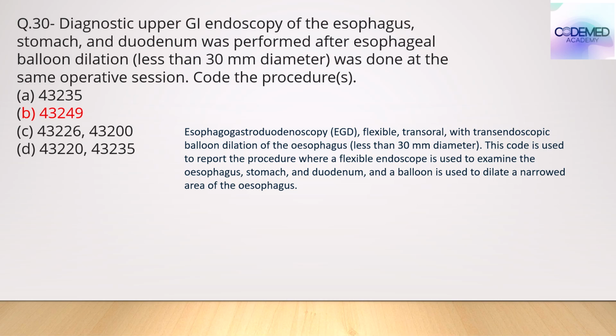This is the case of an EGD, and this is esophagoscopy, what they have done. And here they have reached till the duodenum. So that is also one important consideration. So 43249 is the code which talks about everything that is given in our encounter.